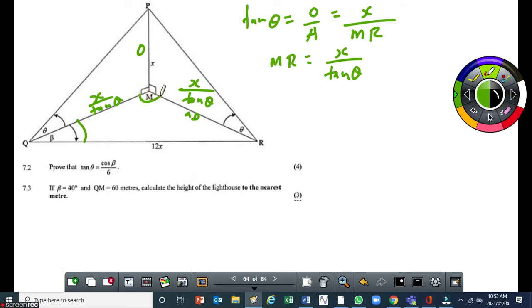We cannot assume that it is 90 degrees. Also, we don't know the size of this angle. So the only way of incorporating cos beta is to introduce the cosine rule. It's not a right angle triangle, so you can't use trig ratios.